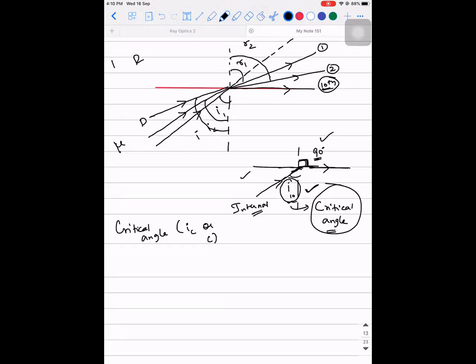Okay, I'm repeating again. Listen. When a ray is traveling from denser to rarer medium, the angle of incidence in the denser medium, for which the angle of refraction in the rarer medium is 90 degrees, is called critical angle.